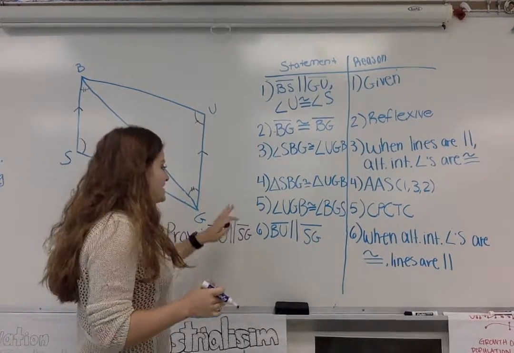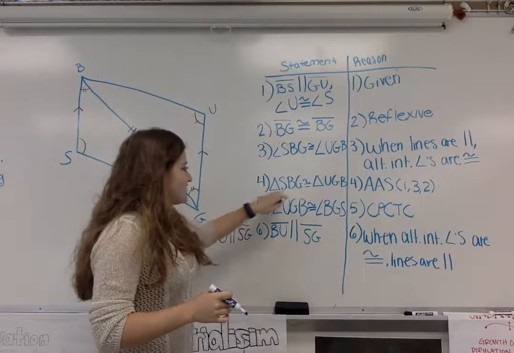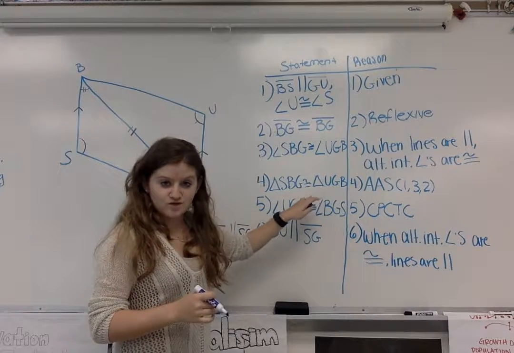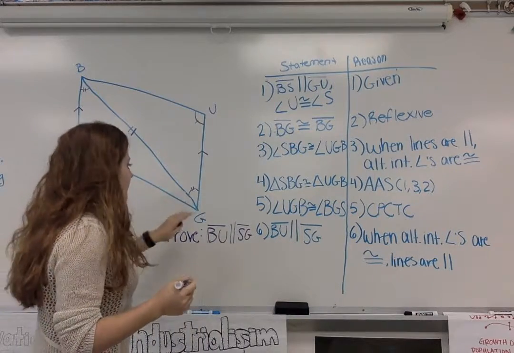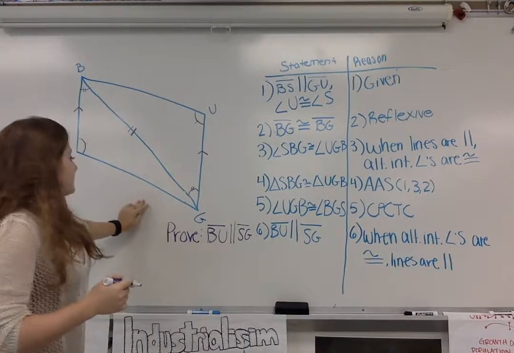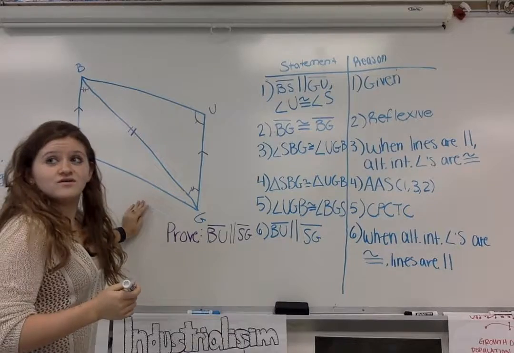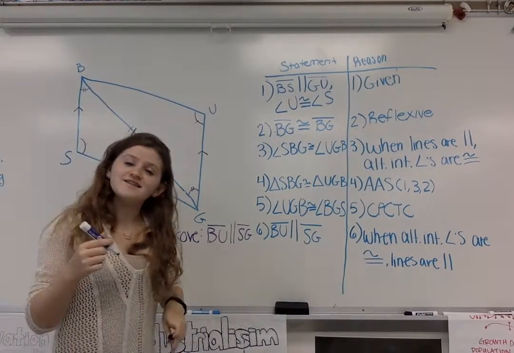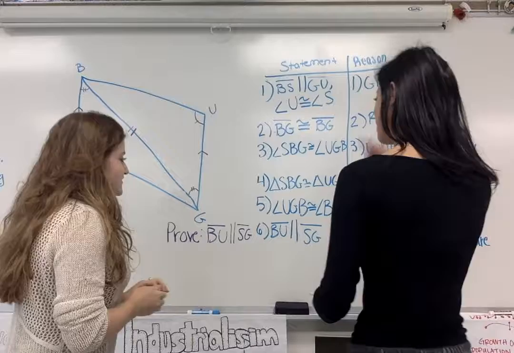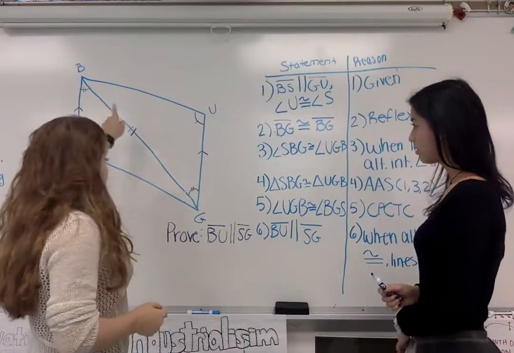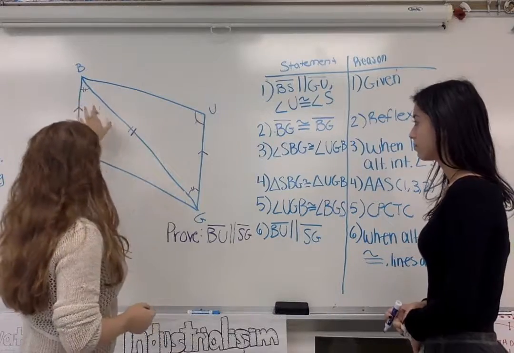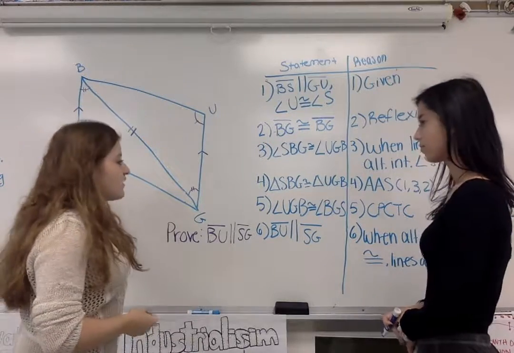CPCTC means that if both triangles are congruent, then all parts are congruent. I want to know why though. Can you help me out? Yes, I can help you out. For CPCTC, because if it says UGB and BGS, how are they congruent?